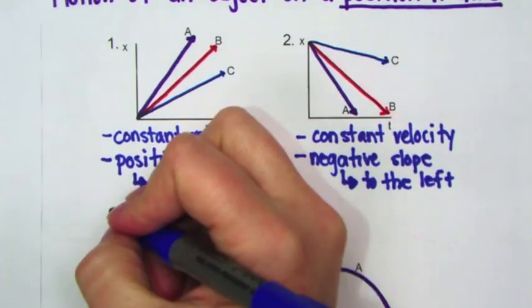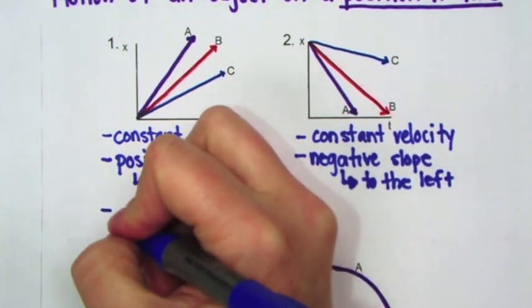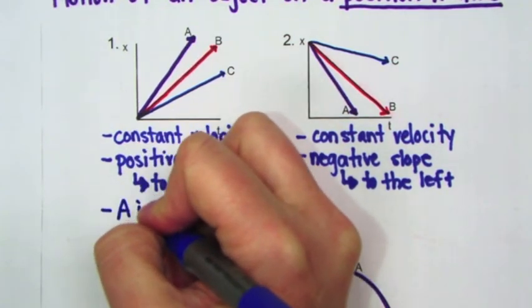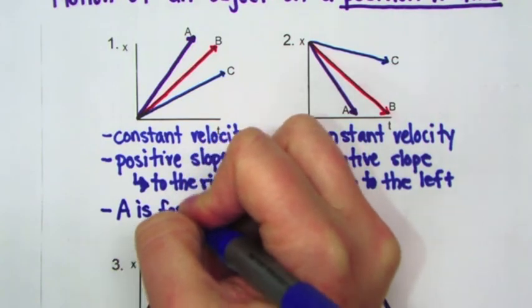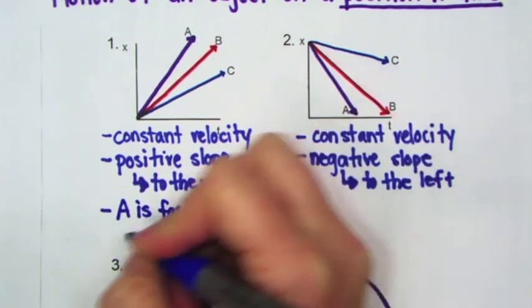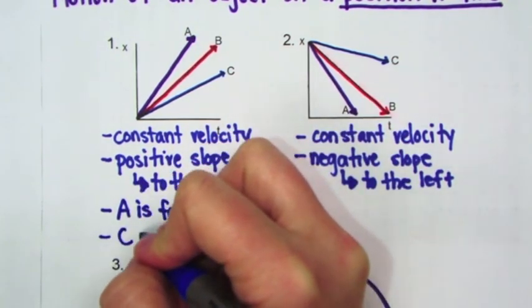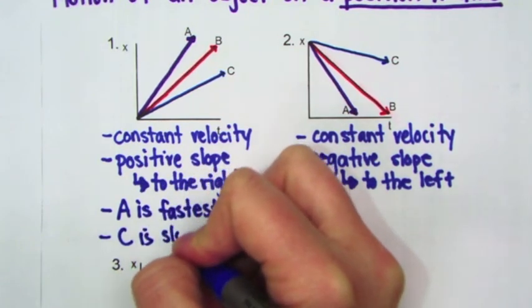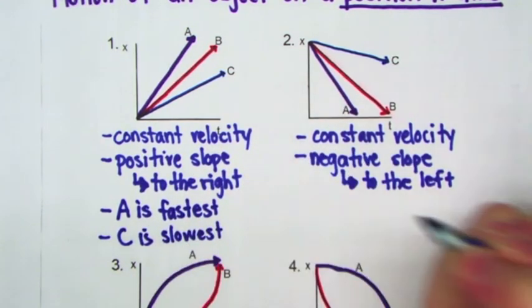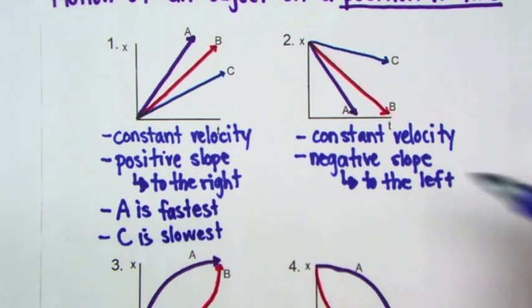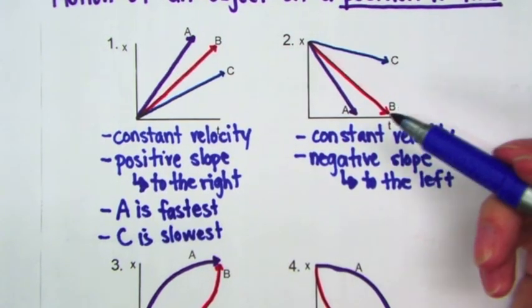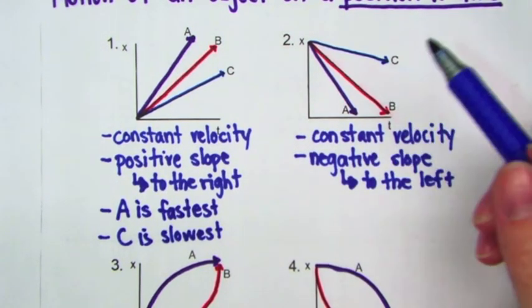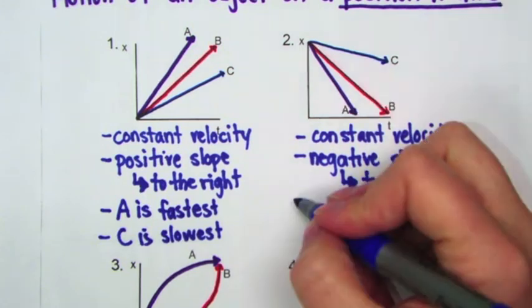If you look at graph number 3, we know the object is moving in the positive direction. So that means we have the positive slope. Okay, again, I like to say to the right. In graph number 4, we have a negative slope.